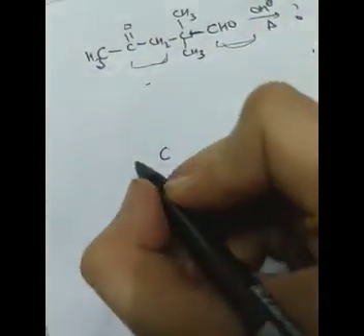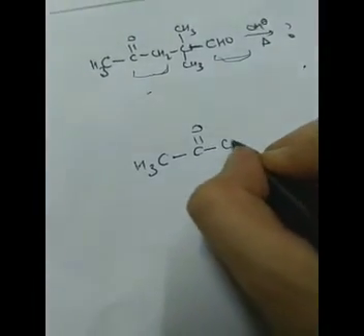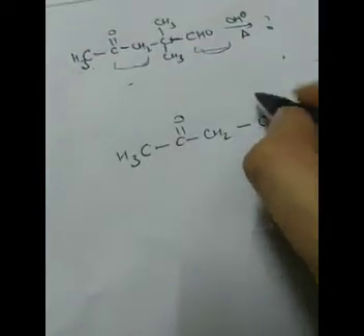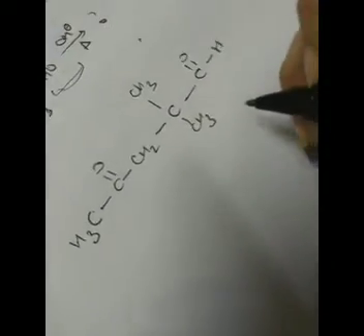So we have this: CH3, CH3 and CHO, aldehyde, right? So see, if the base comes, we will see where is the acidic proton, right?